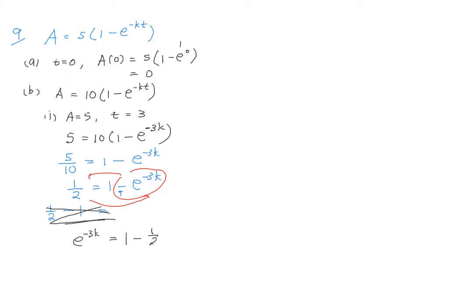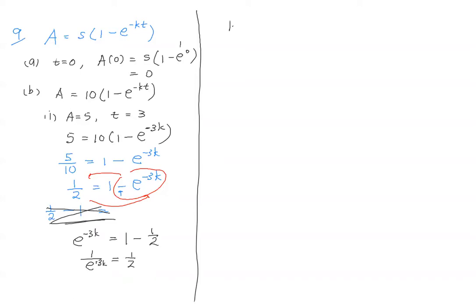So this one is a half. I told you, as long as you have a negative power, we usually write it this way. Am I right? Christopher, continue. K equals ln.